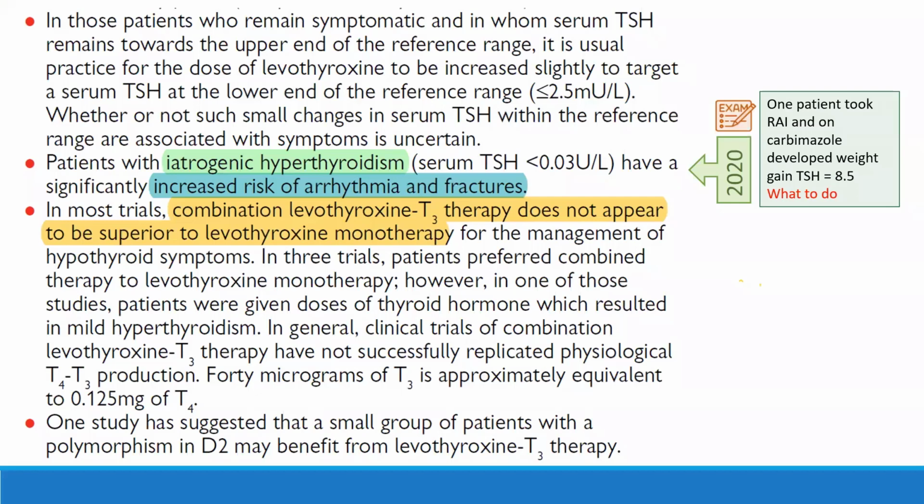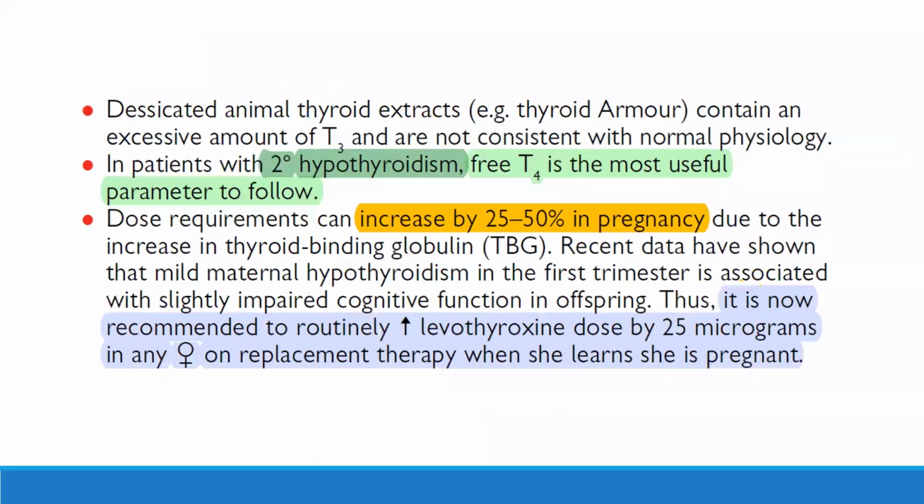Combination therapy of levothyroxine with T3 does not appear to be superior to levothyroxine monotherapy, so the combination is not recommended in most cases. Clinical trials of combination levothyroxine have not successfully replicated physiological T4 and T3 production. I will cover this later.